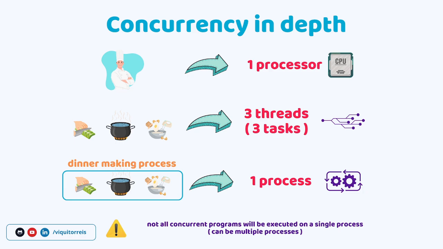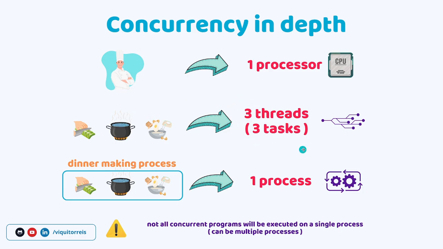And to optimize your workflow, you can ensure a seamless cooking process this way, right? So when you are doing your dinner alone, it's like you are the processor, right? You're processing everything alone. And each course of your meal is a thread.